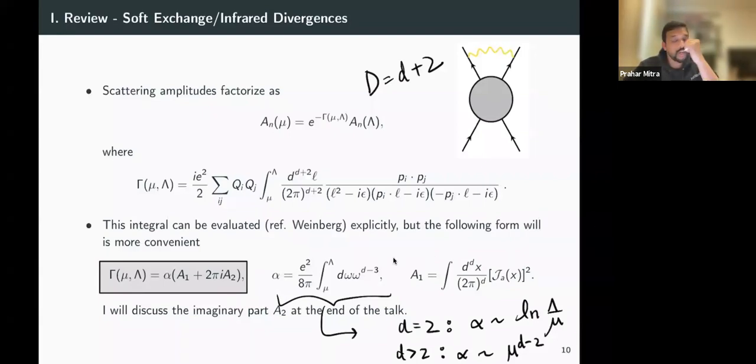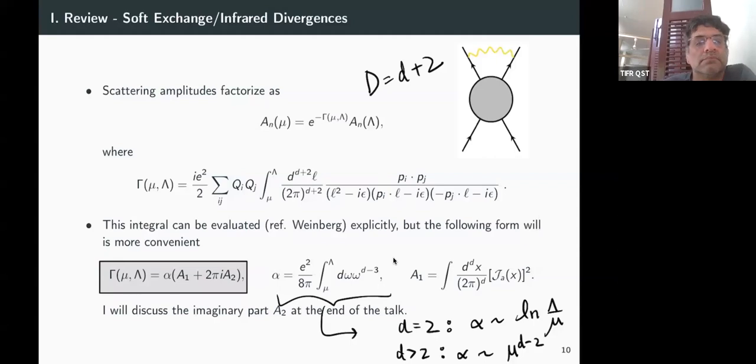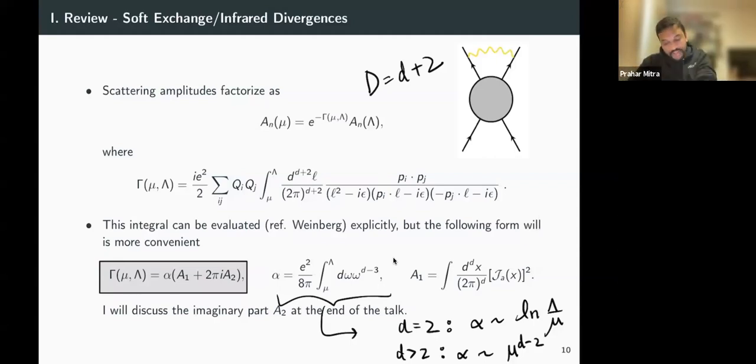In fact, one of the things that Ashok has done in his papers is to actually keep track of these higher order contributions to derive these higher order soft theorems. So it's possible to do, it's just more cumbersome. In any case, the point is that whatever those extra terms are, they will not contribute to the leading order divergence anyway. We are just interested in reproducing the leading order divergence.